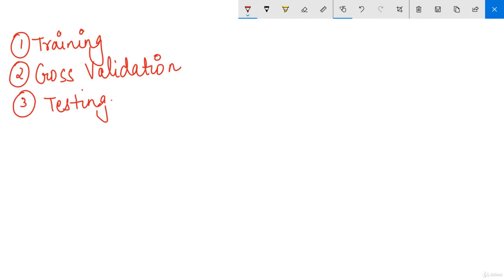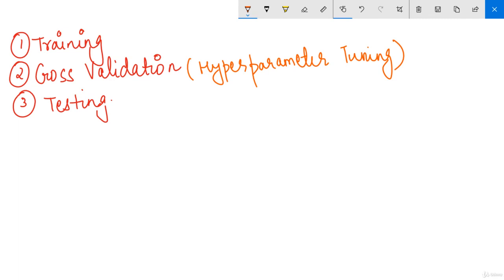The cross validation is nothing but what we were using for hyperparameter tuning. I'm writing it because it will be used a lot. Hyperparameter tuning.